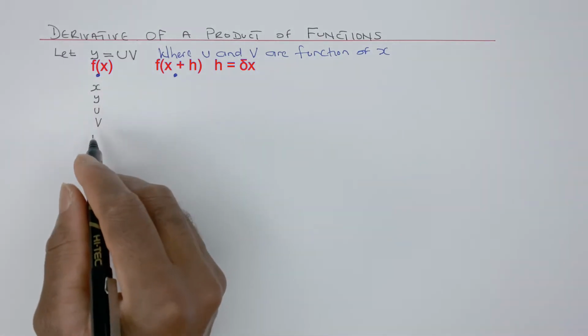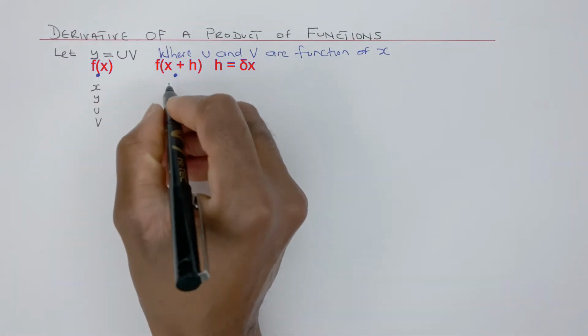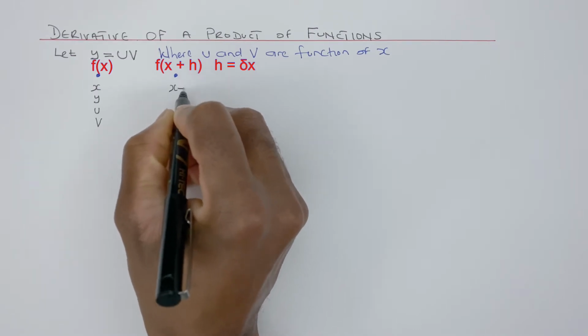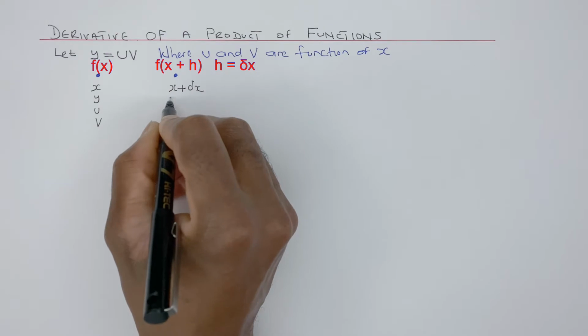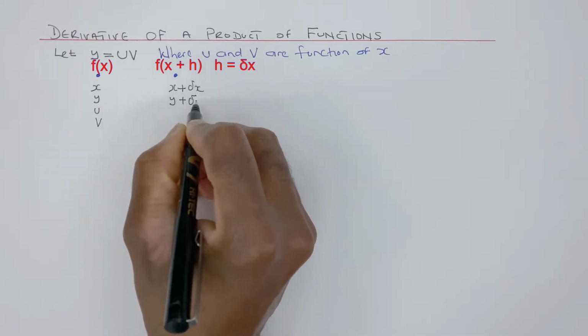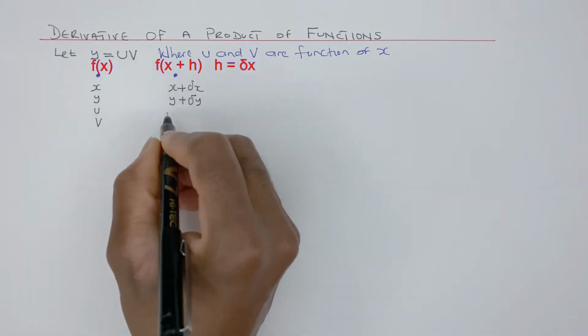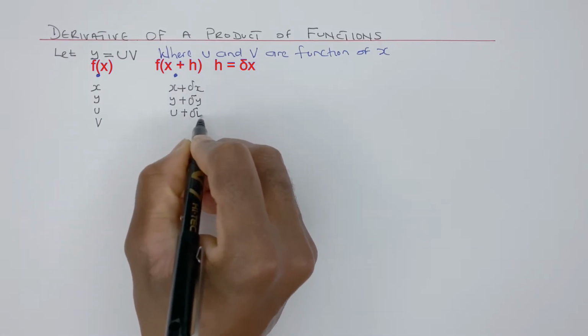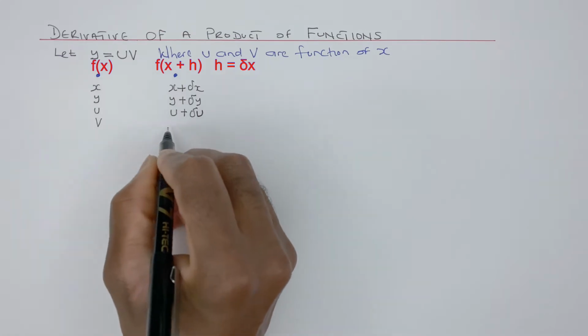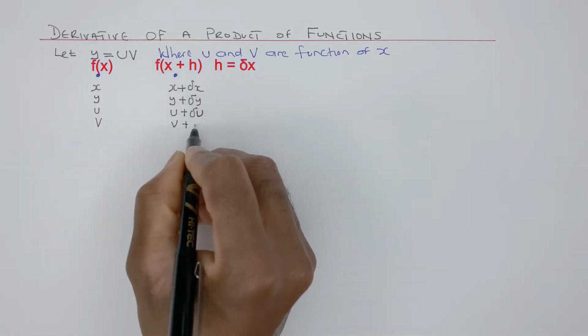That's the first point. Then the second point is x plus delta x, which means we will have y plus delta y. As you can imagine, we will have u plus delta u and v plus delta v.